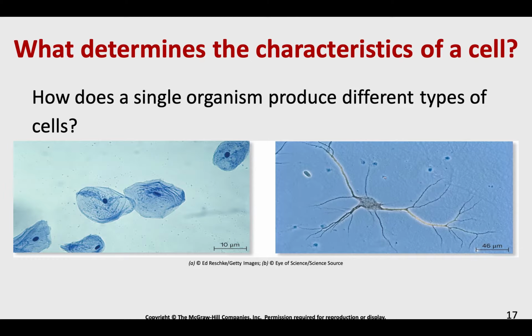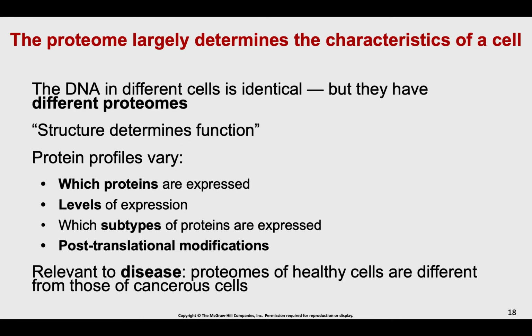So what's going to determine what a cell has inside? How does a single organism produce different types of cells? In this image here, we have a skin cell versus a neuron. Two very different types of cells. So how do we get those cells? All of our cells have identical DNA.